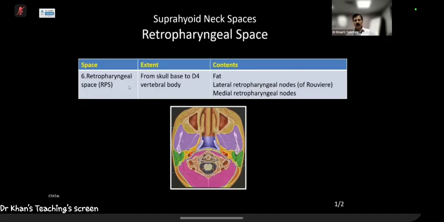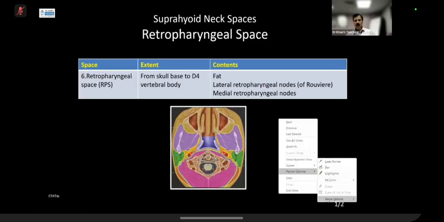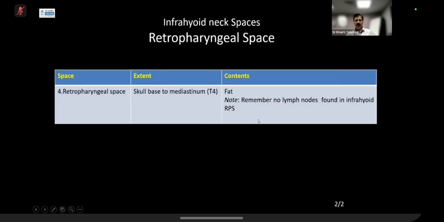But the extent of the retropharyngeal space, please remember, is from the skull base till D4. It goes all the way into the mediastinum. So that is the importance. And in the infrahyoid region, there is only fat, no lymph nodes.